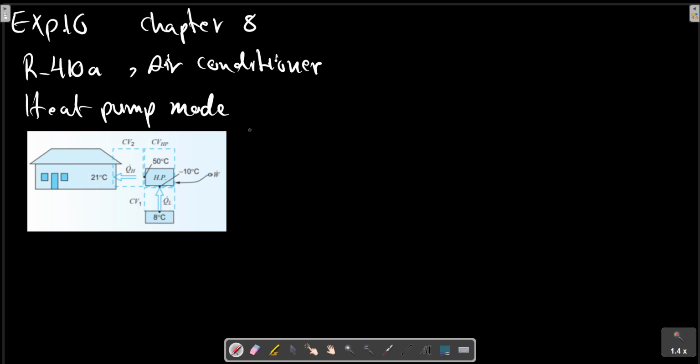Heat pump COP with 10 kilowatt of power input.